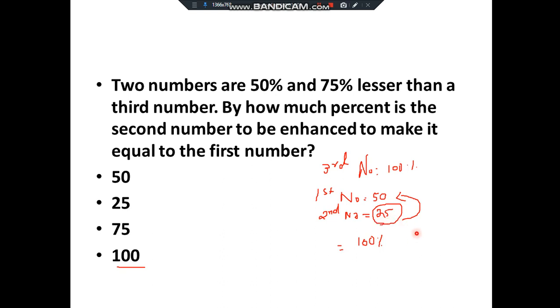So if we increase by 12.5, it will become only 37.5. We want 50. So 100% increase. 100% of 25 is nothing but 25. So 25 plus 25 is equal to 50. So we have to enhance the second number by 100% to make it equal to the first number. Hope you understood.